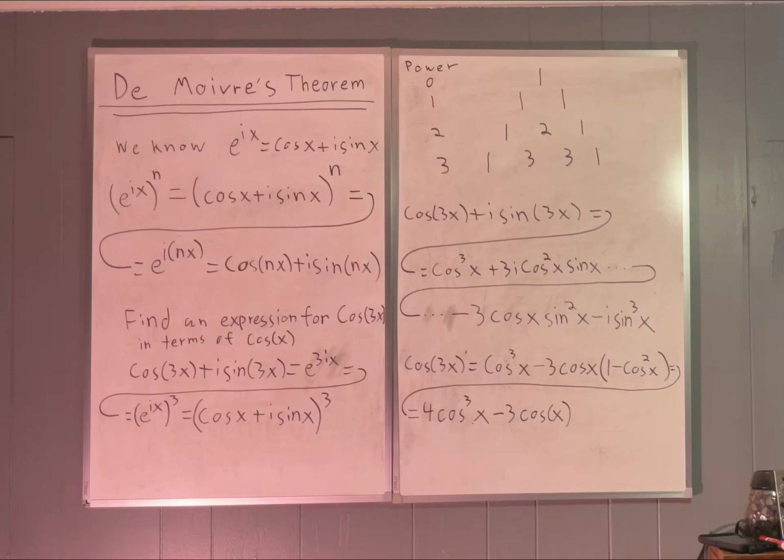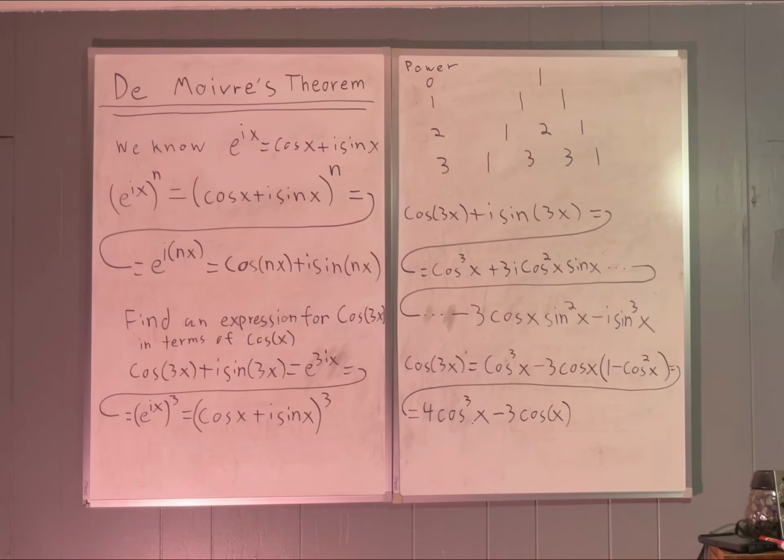So that's it. You can use de Moivre's theorem now that you know the process to find an expression for sine of 13x in terms of nothing but sine x. And it would take a while, but why I like using this is because it minimizes the amount of memorization you have to do.